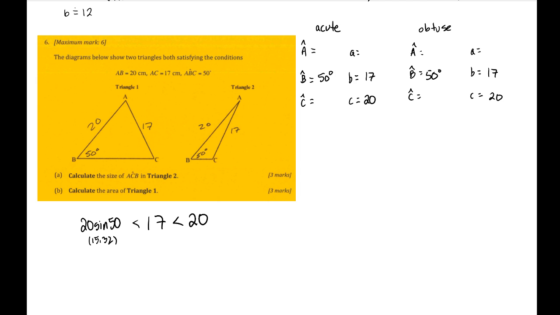And so using that information, I can set up sine law to solve for angle C. So sine C over 20 is equal to sine 50 over 17. Sine C is equal to 20 sine 50 over 17. Angle C, when I use sine law, is 64.3.